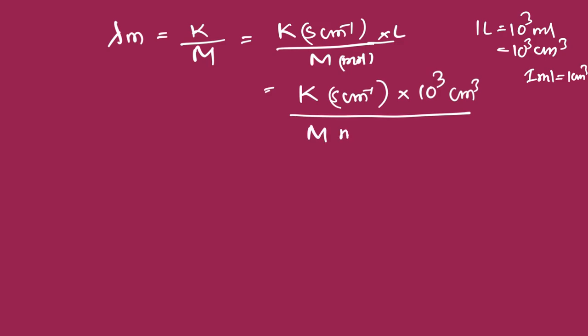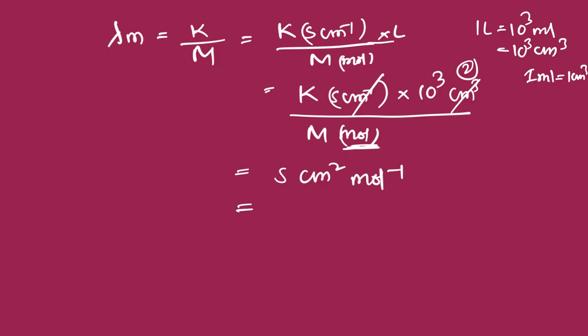Mole, that is molarity in mole. Now we can write the units. Here centimeter inverse and centimeter cube, one cancels, then centimeter square is left. Siemens centimeter square, mole inverse.